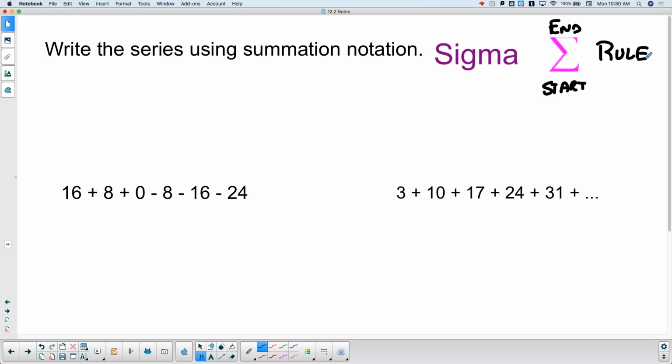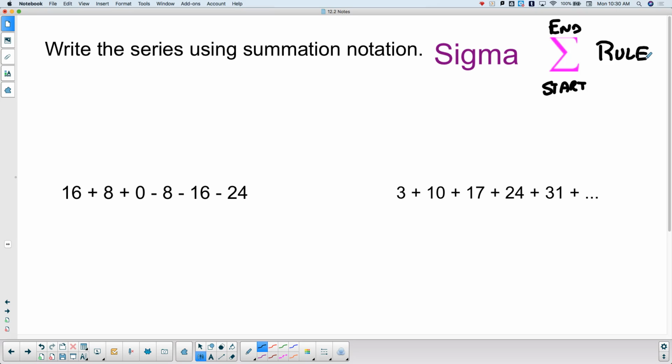So we take whatever the starting value is, we plug it into our rule that gets us our first term. Then we take the next integer, we plug it into our rule that gets us our second term. Next integer, plug it in, third term, and so on and so forth. And we rinse, lather, and repeat that process until we get to the ending integer. Okay?